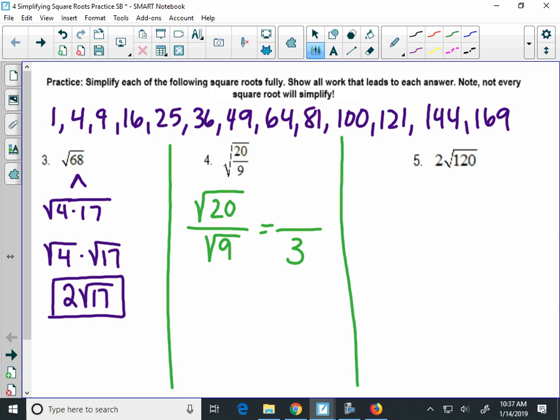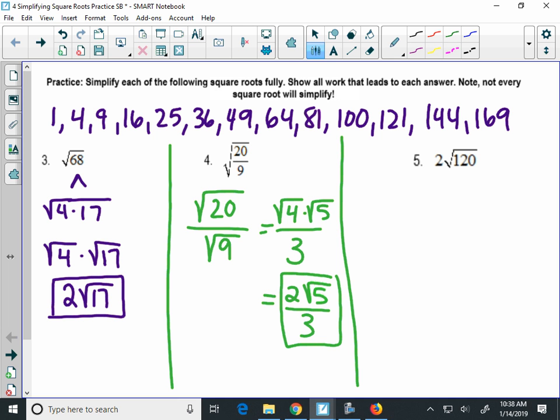The numerator, 20, I need to break up into perfect squares. Now, 20 is 4 times 5, and 4 is a perfect square. So I'm going to rewrite this as radical 4 times radical 5. Radical 4 simplifies to be 2. Radical 5 does not break down, so that stays as radical 5 all over 3.